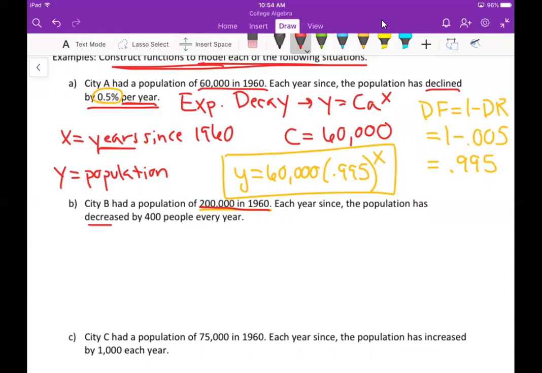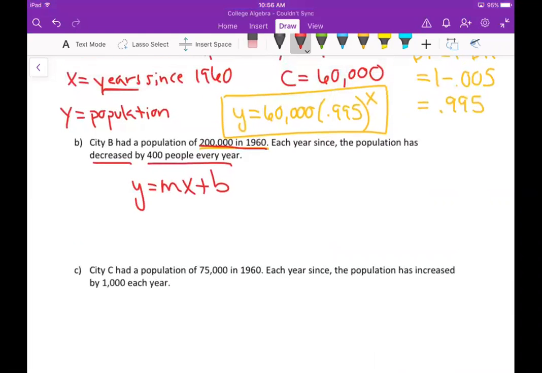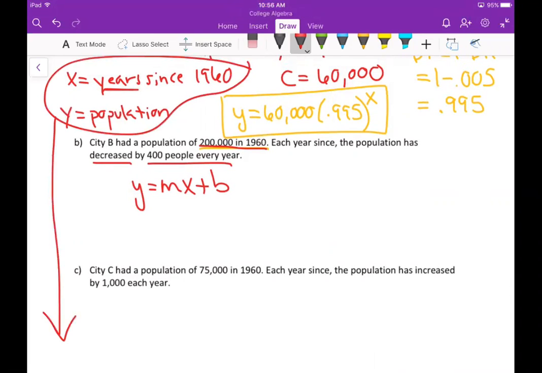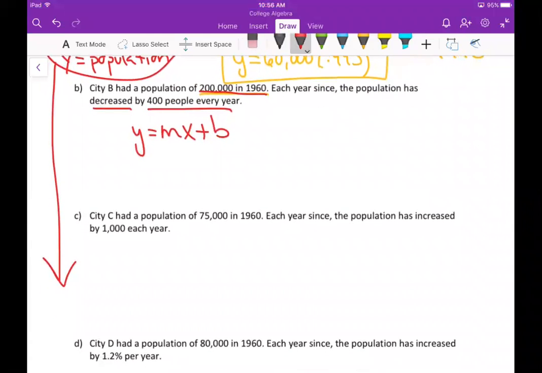Okay, I see my iPad starting to lag here a little bit, so let me see if I can fix that. Okay, we're going to see if that worked. So here we're changing by that constant amount. Can you put this into a linear function? It's that constant amount, so remind yourself, we've got y equals mx plus b, a different formula. Throughout the whole thing, these are going to be my x and y variables: y is population and x is years since 1960.